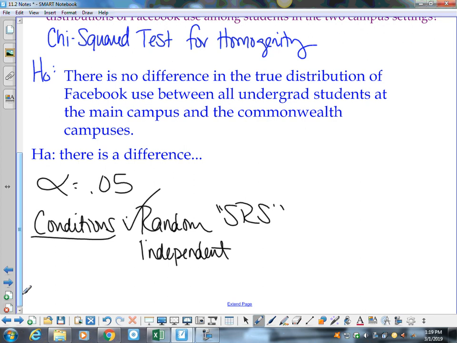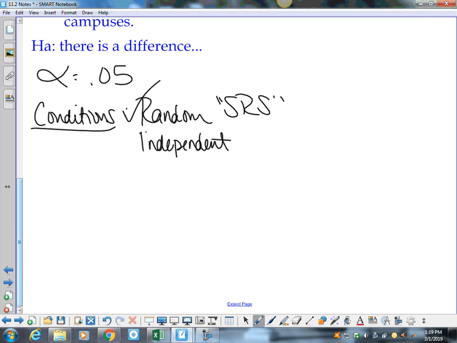Independent. Yes, I do. I have two samples. So N sub 1, big N sub 1, and N sub 2. Well, it's in the table.